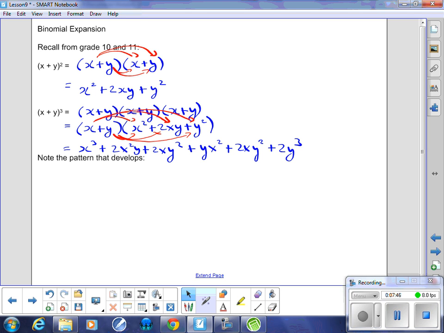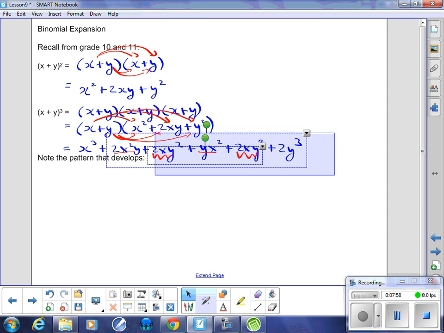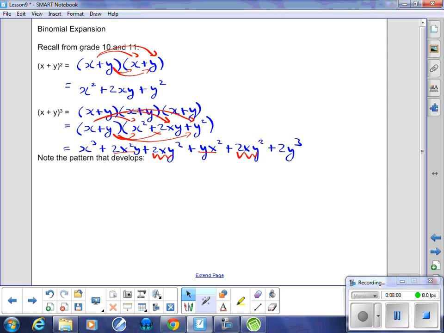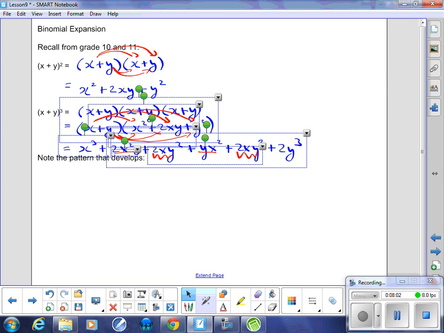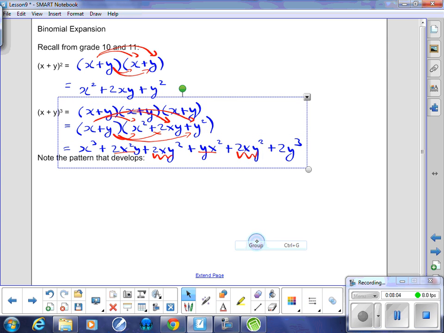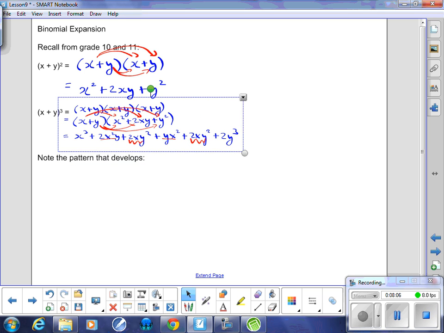And there's some like terms in here. So keep in mind, this is not what you're going to be doing. I'm going to show you a shortcut, actually. Like term, like term, like term, like term. So I am just going to shrink that down. Group everything. Group, group, shrink.